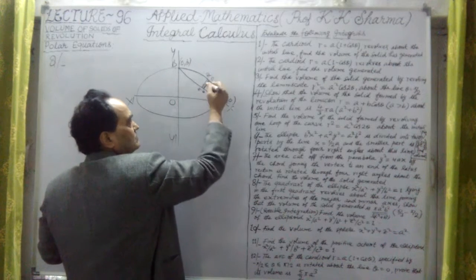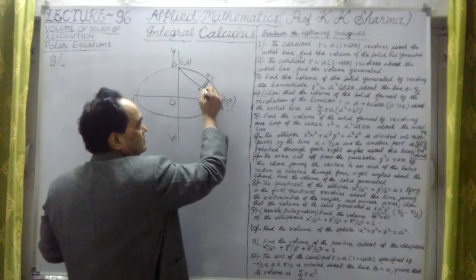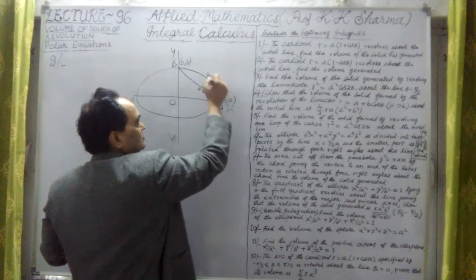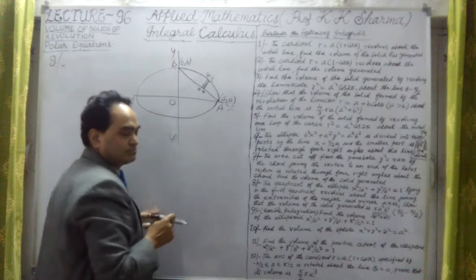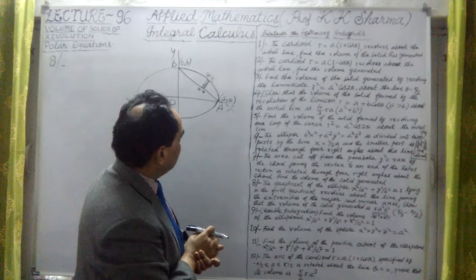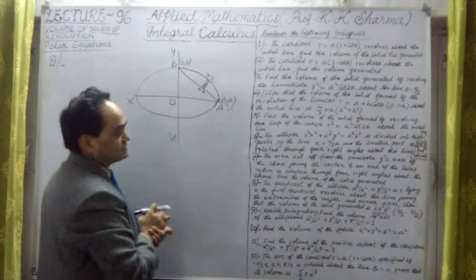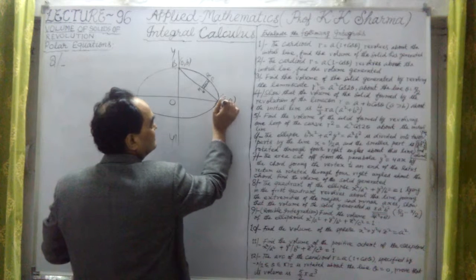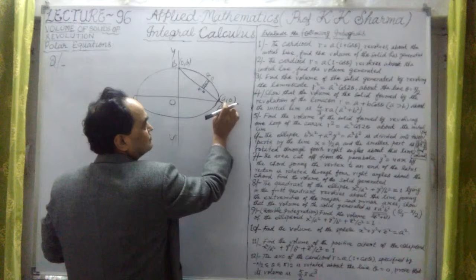The same way we will calculate what is PN here, and then AN. PN is OP squared minus AN squared. That we will calculate. AN and PN we have to find out. And then the coordinates: what are the coordinates of this point? Maybe the x coordinate here.